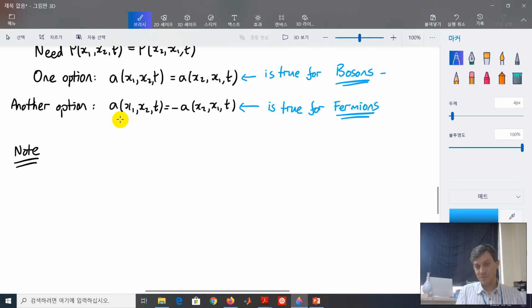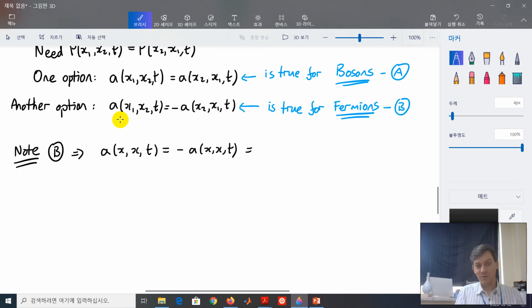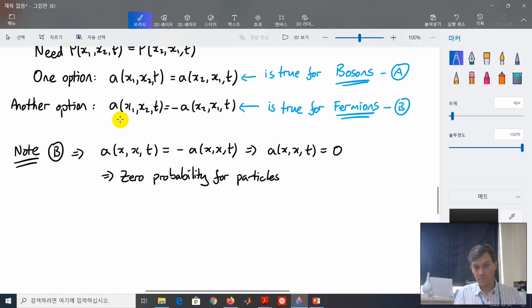If I call the equation for bosons A and the equation for fermions B, then for fermions, if both particles go to the same position, we get an equation which has only the solution 0, which means that there's zero probability for both particles to go to the same position. But this is only true for fermions, not for bosons.